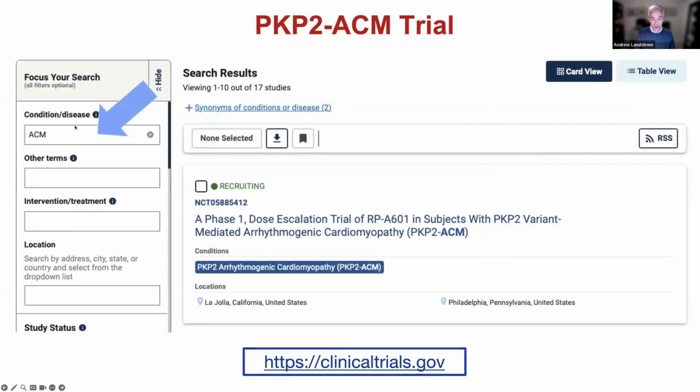And so, for example, if you entered ACM, arrhythmic cardiomyopathy, you would see that phase 1 clinical trial by Rocket Pharma, PKP2 ACM, the one that we talked about, where they're probably replacing PKP2. So you can go here, clinicaltrials.gov, and you can search for your disease and see all the trials, not just gene therapy, but all the trials currently being conducted for your disease, and trials that have happened in the past too.